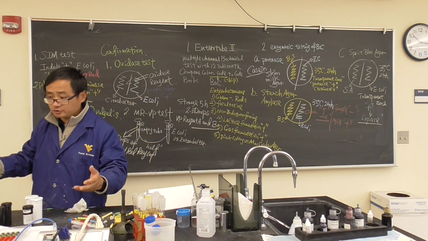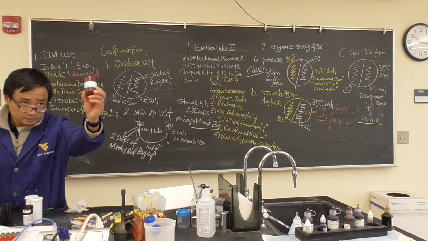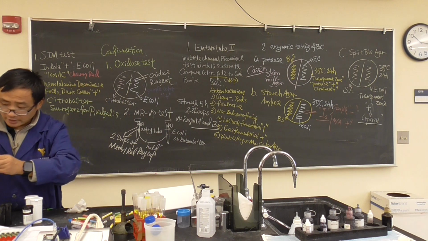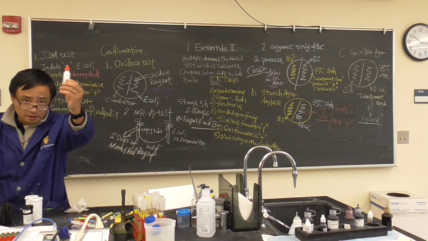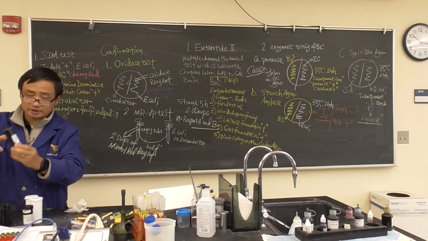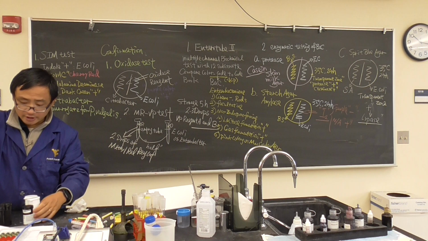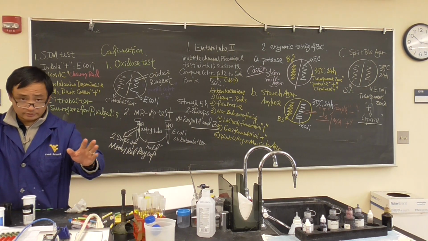And don't forget, you do the confirmation tests. Oxidase test, and methyl red confirmation test, and Voges-Proskauer test, reagent A and reagent B. You need to arrange to do this very well.